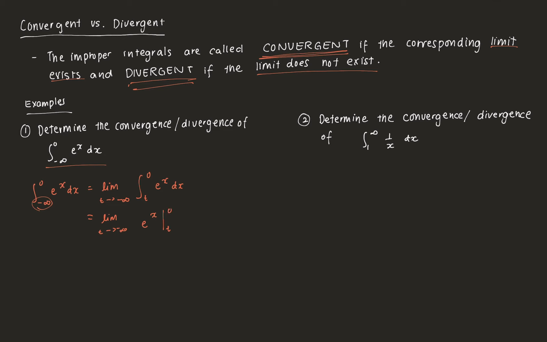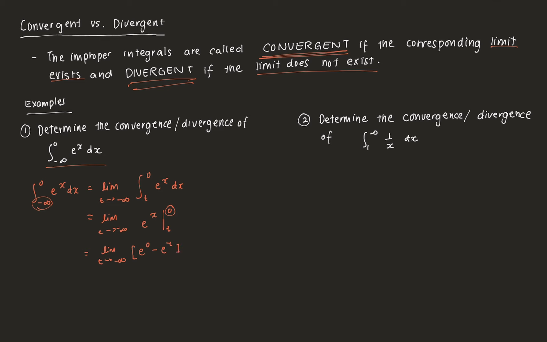If we simplify this even further, this is the limit as t approaches negative infinity of, if we first plug in the upper limit of integration, 0 minus e raised to t, right?